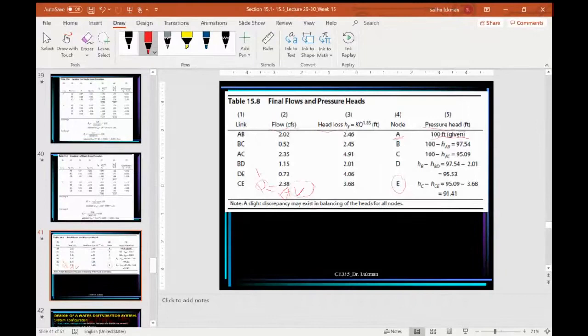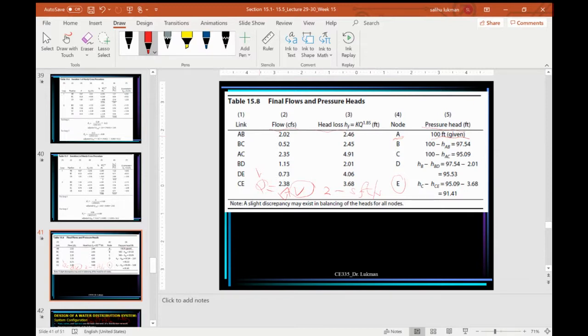You can find the velocity in each pipe, and the velocity, as we mentioned, has to be within 2 to 5 feet per second. So this is very important. If it is outside this range, then you can change the pipe size in order to ensure that the velocity is within the range, because that is very important.